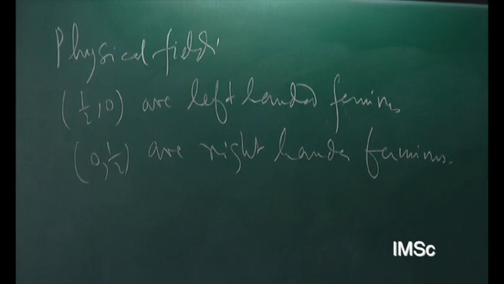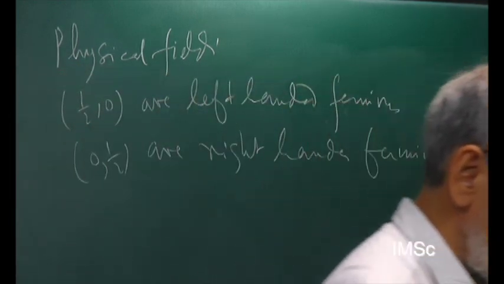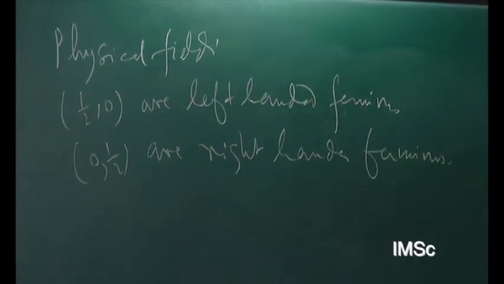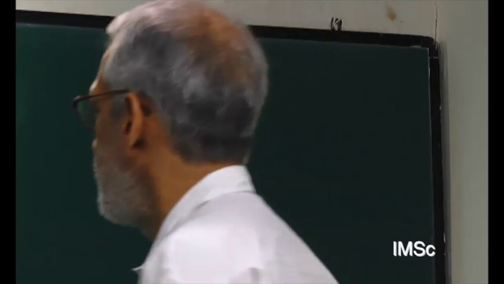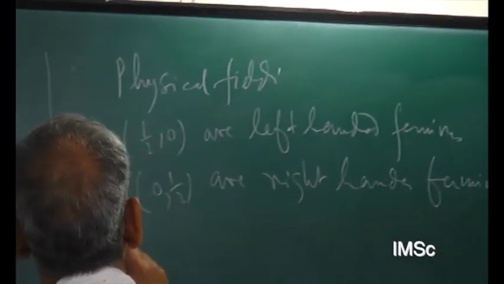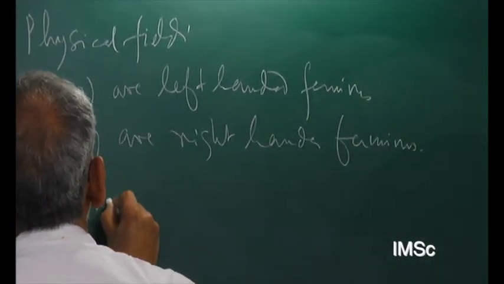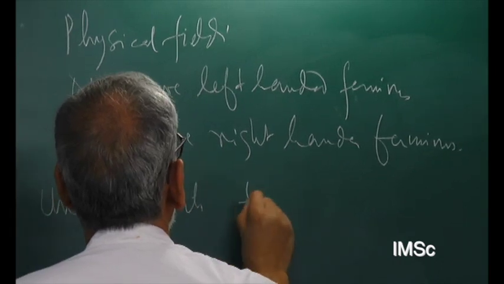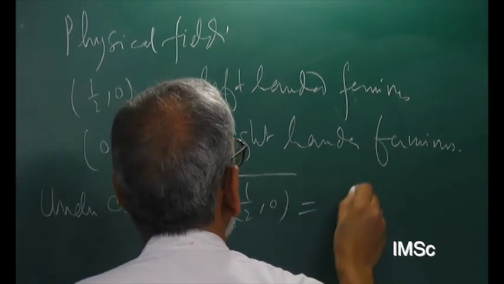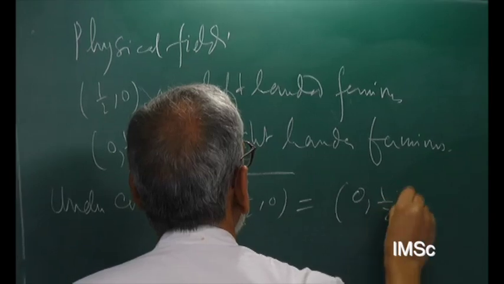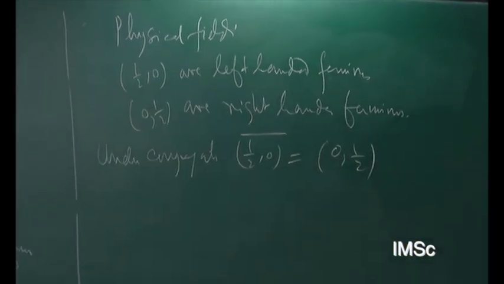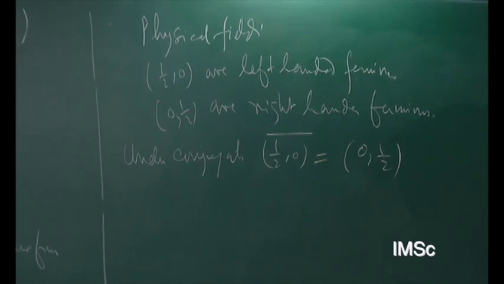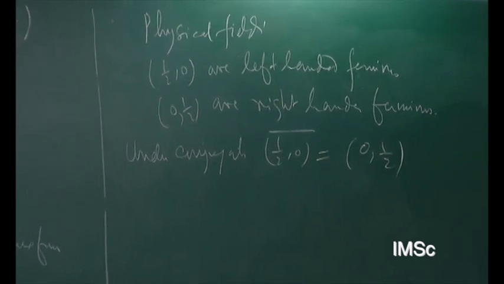So these were examples of two-dimensional representations. There are two non-trivial examples, and they're conjugates of each other. Conjugate of each other because under conjugation half zero becomes zero half. They go into each other under conjugation.